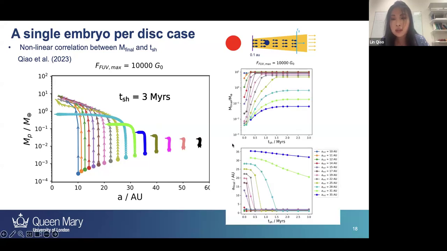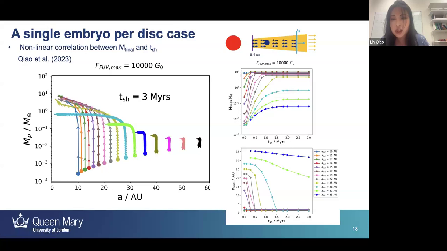On the right-hand plot, on the top, we're looking at the final planet mass as a function of shielding time, with different colors again indicating embryos injected with different initial semi-major axes. You can see a non-linear correlation between the final mass the embryos are able to achieve and the shielding time, up until a certain shielding time value.